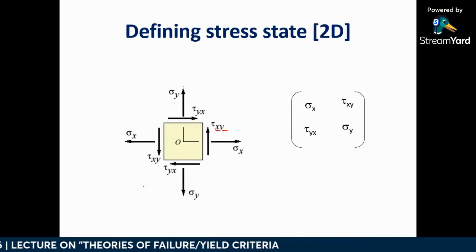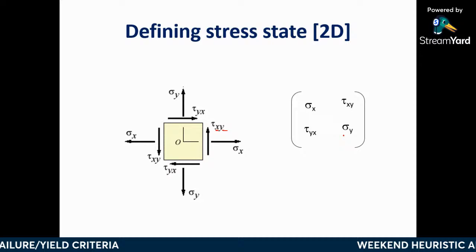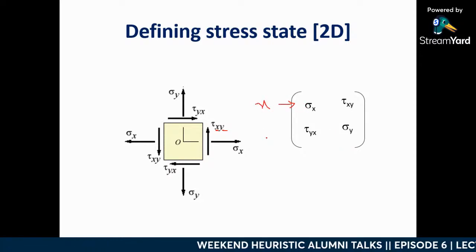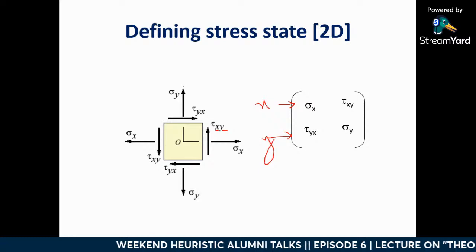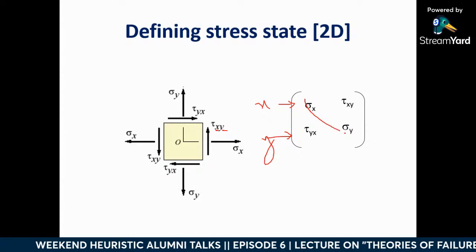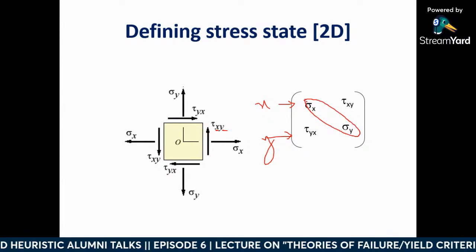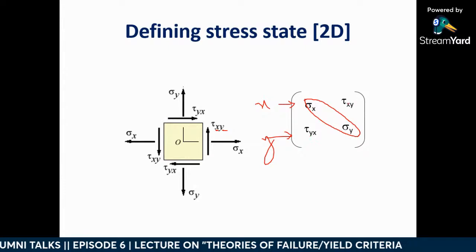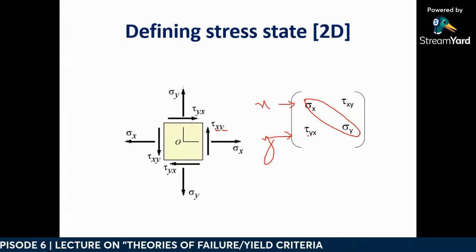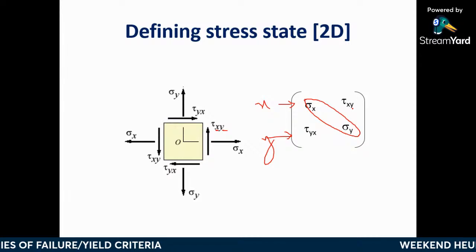Now this will be represented in terms of a matrix. In the diagonal, this will be x and this will be y. In the diagonal, you need to put normal stresses. In the rest of the positions, shear components will come. So it is sigma x, tau xy, and tau yx and sigma y.